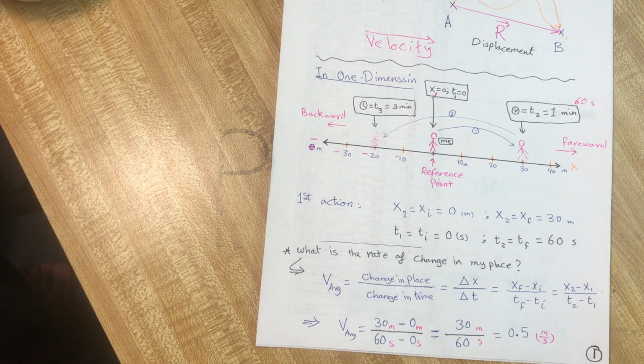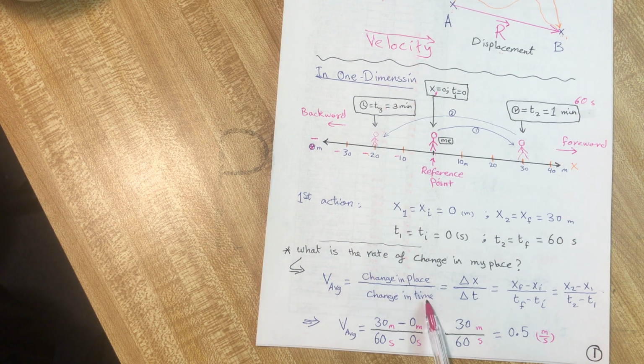Now we have the next step. We need to know the physical law, which is the formula, which is V average, which is delta x over delta t, the change in position over the change in time. The next step, we need to substitute the numerical values in its place in our formula.